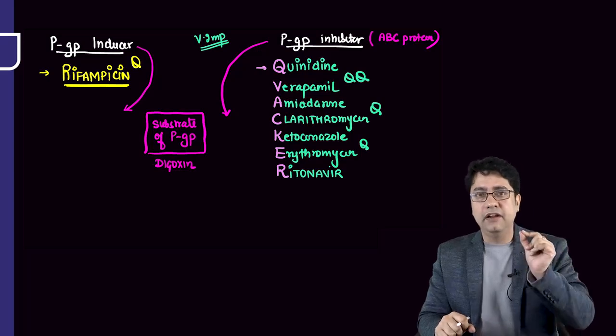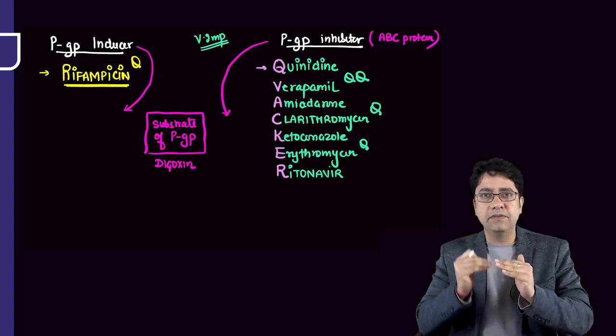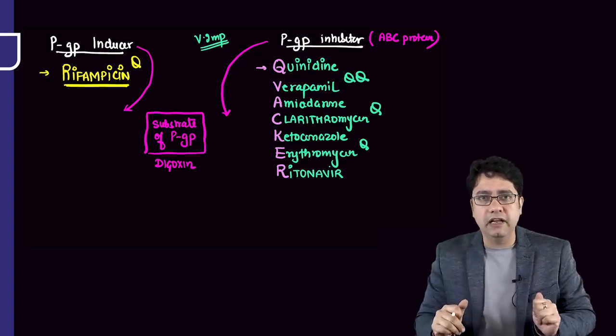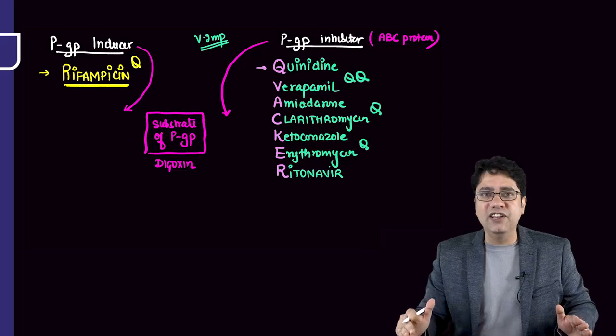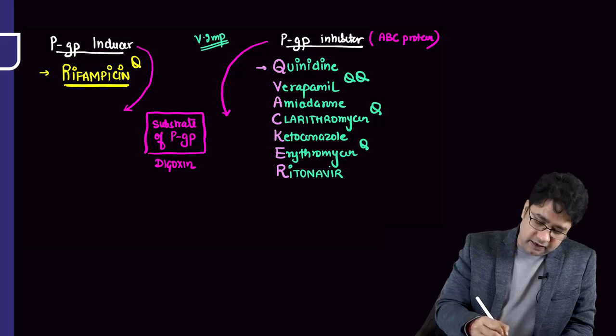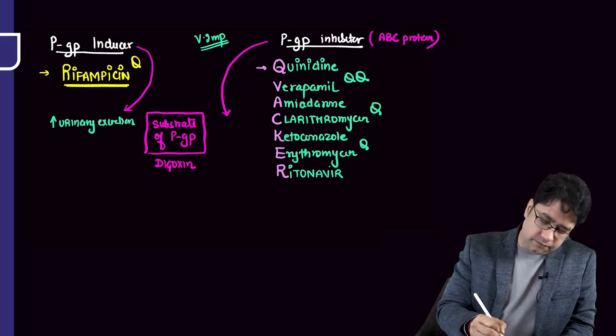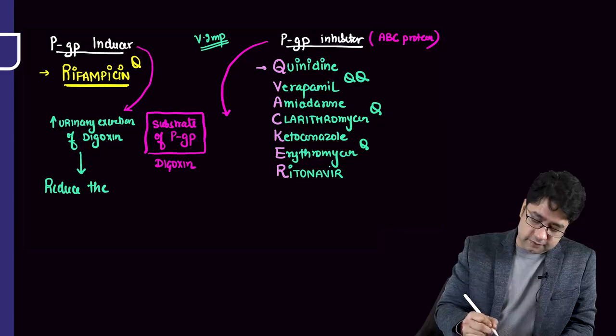If we combine rifampicin with digoxin, rifampicin increases the activity of P-glycoprotein and digoxin will be excreted out in urine. So can we say rifampicin increases the urinary excretion of digoxin? So can you tell me what will be the net effect? Hence, rifampicin reduces the effect of digoxin.